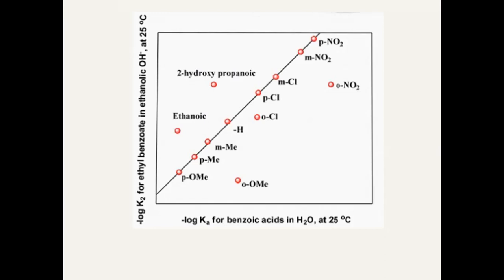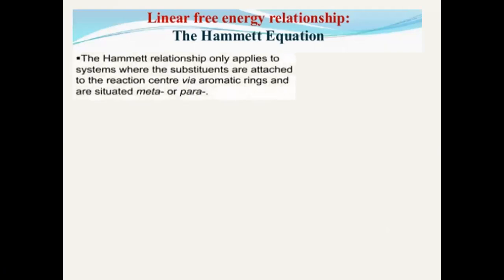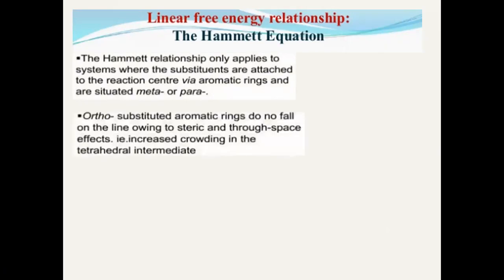Let's go for the linear free energy relationship and the Hammett equation. I think all of you have understood the idea. Now we'll go for the Hammett equation, the relationship between the free energy and the Hammett constant.